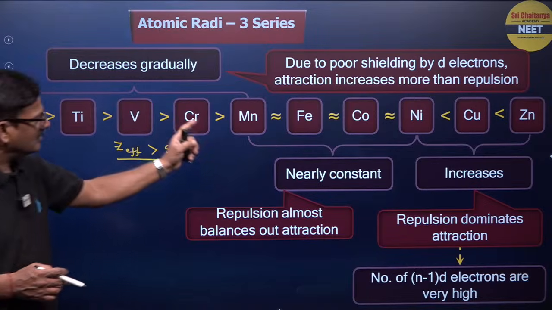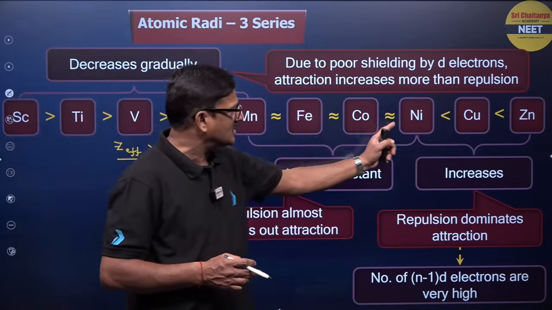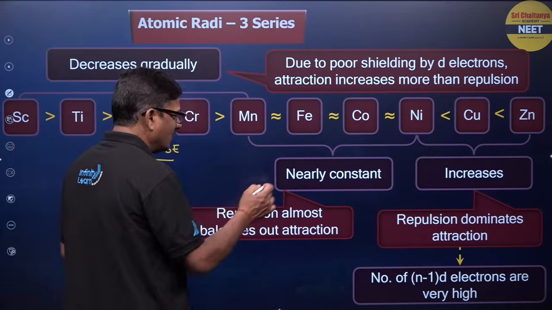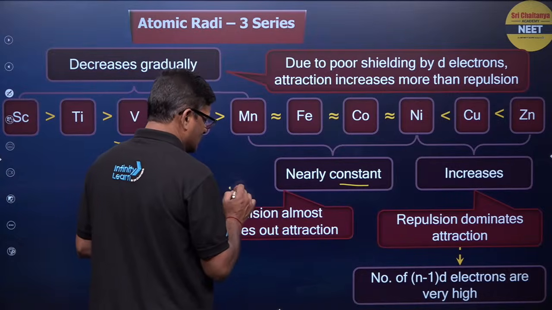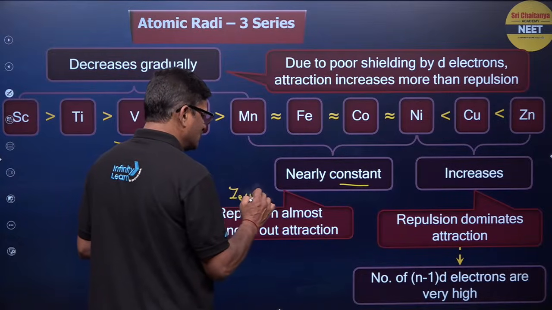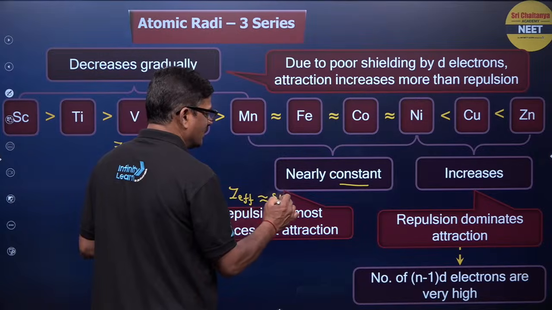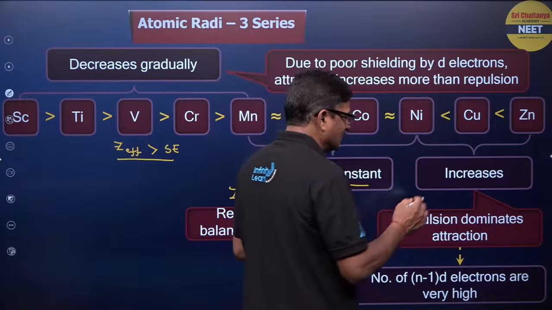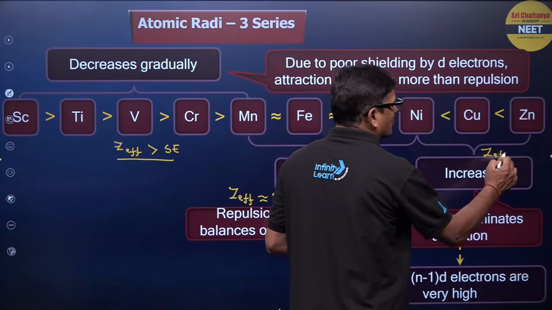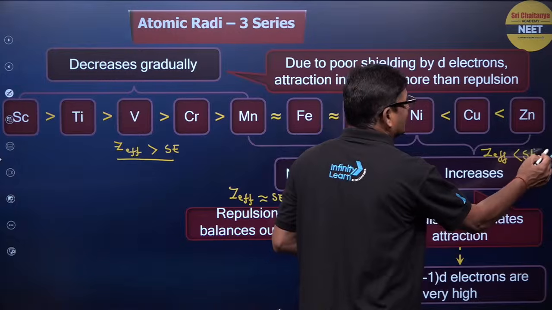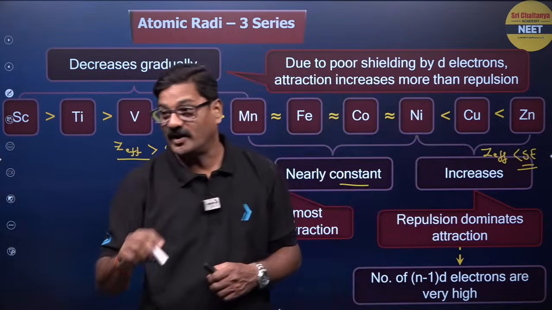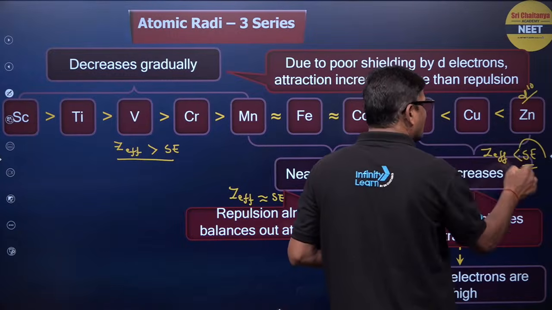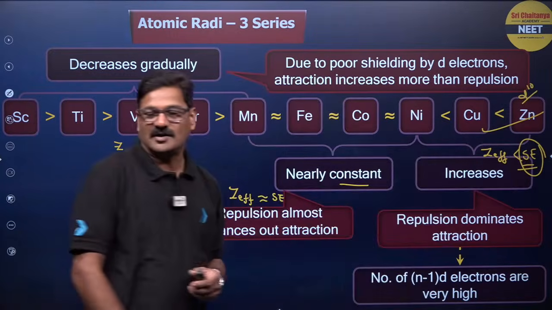Here manganese, iron, cobalt, nickel have nearly equal atomic radius, nearly constant, because effective nuclear charge is nearly equal to screening effect. And here nickel, copper and zinc, screening effect dominates over effective nuclear charge, and because of d10, zinc will have the biggest size.